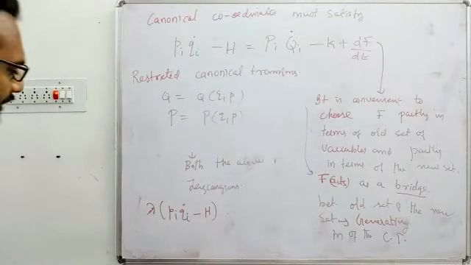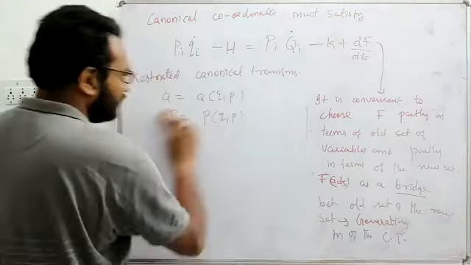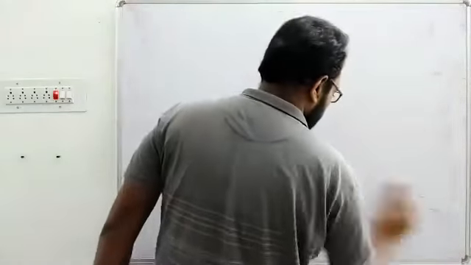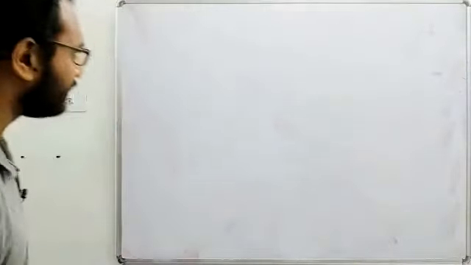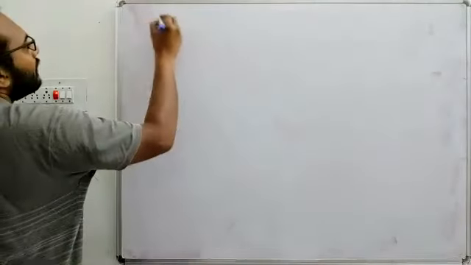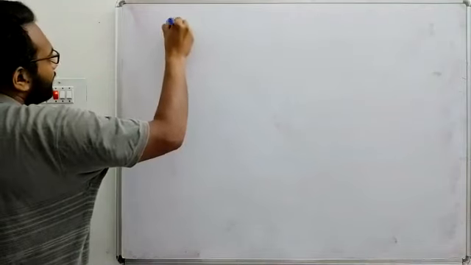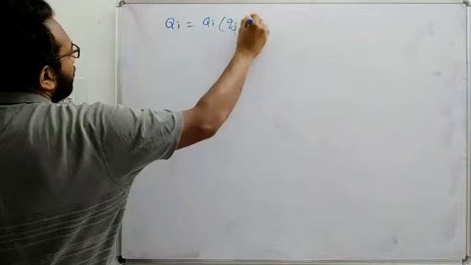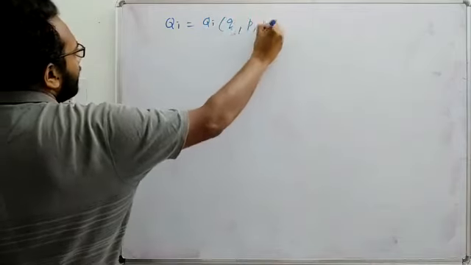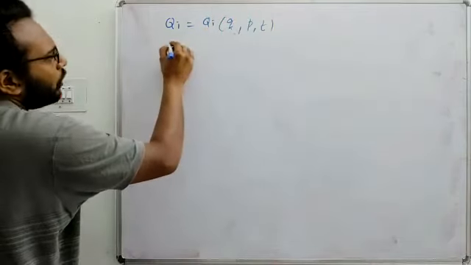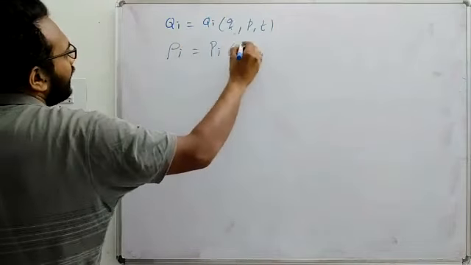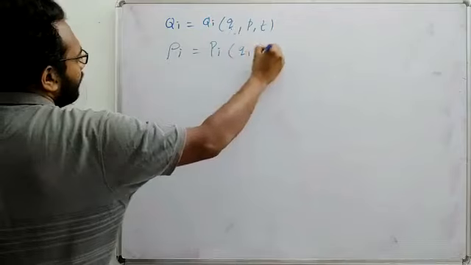So I'll just summarize what we said so far. It is very simple. We can talk of transformations like this: Qi is equal to Qi of q, p, t, the new coordinates as functions of old coordinates and momenta, and Pi is equal to Pi of q, p, t.